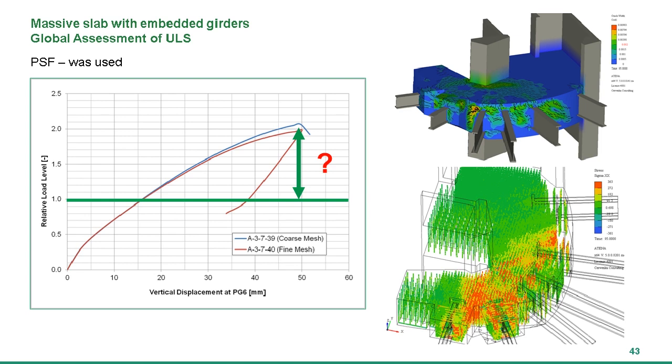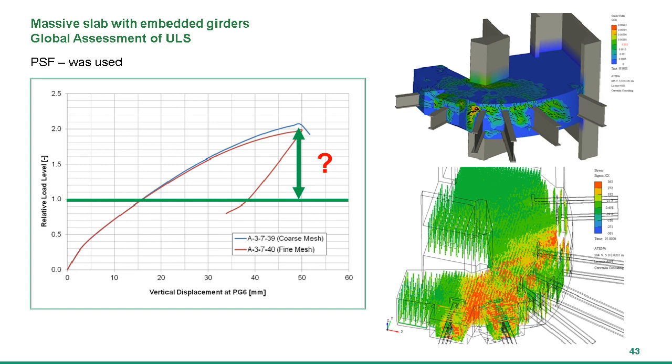The nonlinear analysis is typically performed in the following way: we create the model with the proposed idea of the reinforcement, and we then apply the loads until failure, as you see now on slide 43. I hope you are seeing it as well.